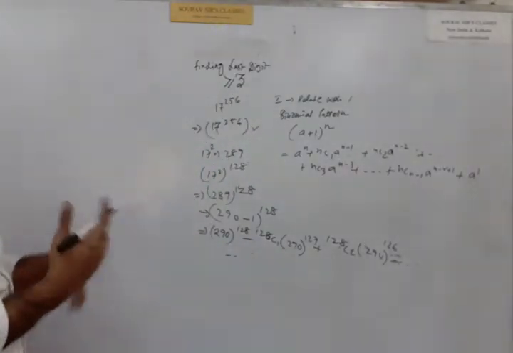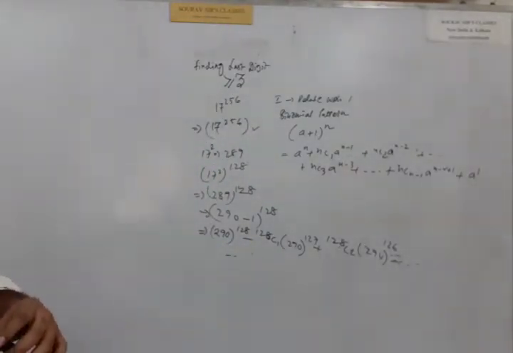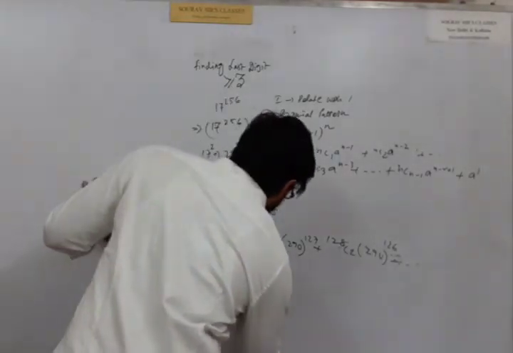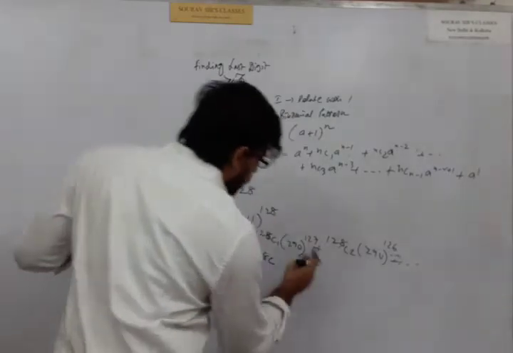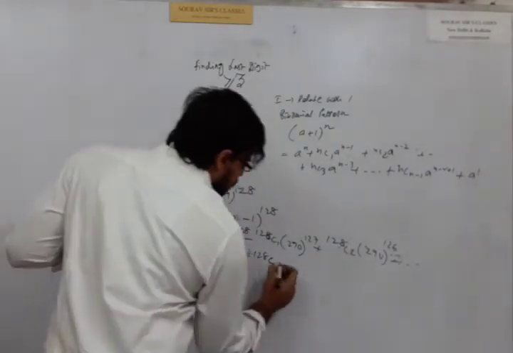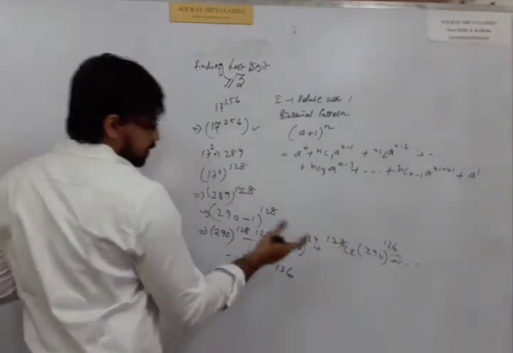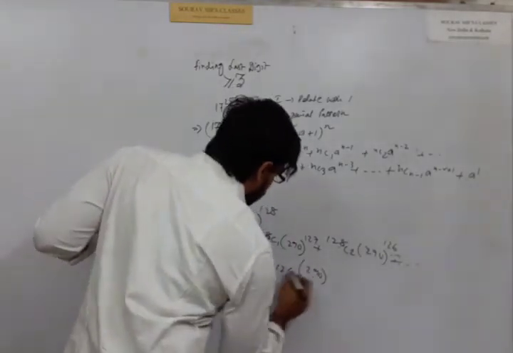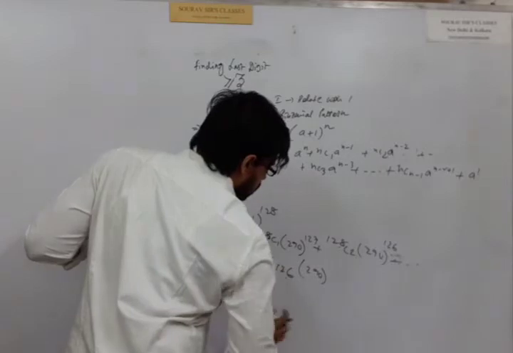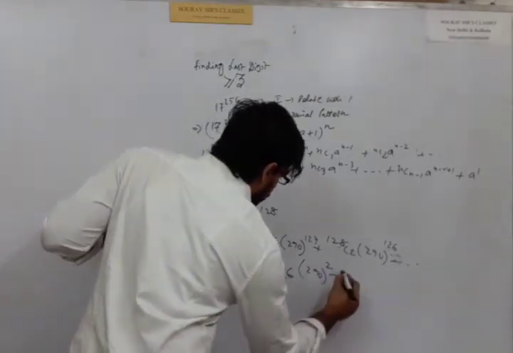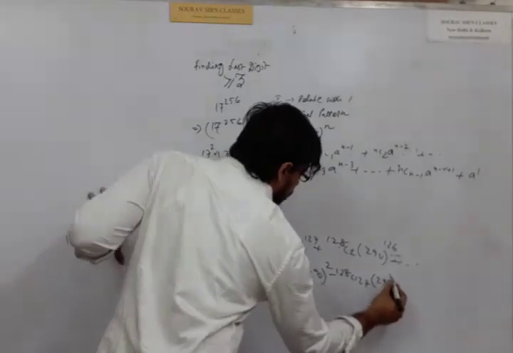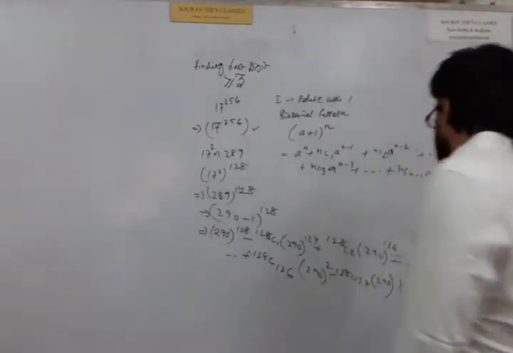So it is like plus 128C126, how I got it? It will be plus because here I am using even. Every time even is used, it's a plus. So 290 whole to the power 2, minus 128C127 290, and the last one is plus 1.